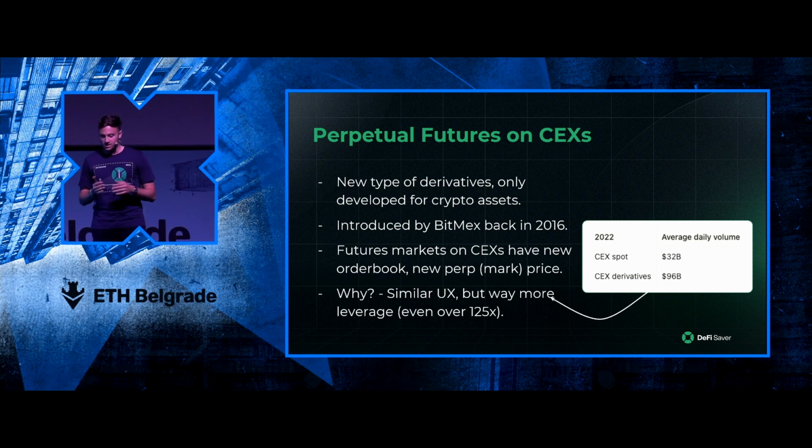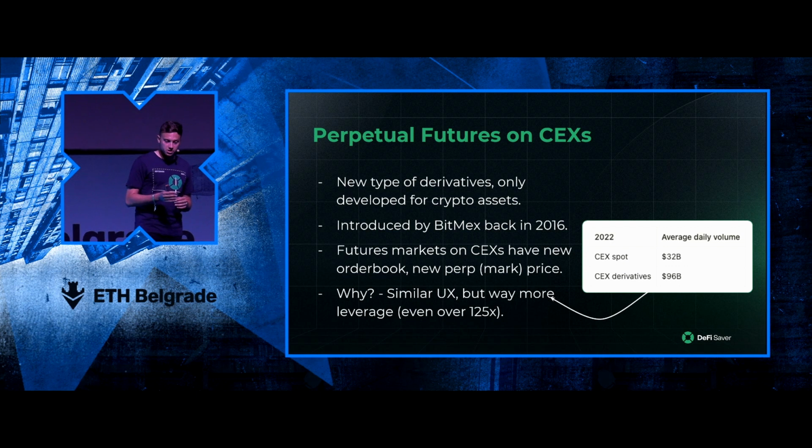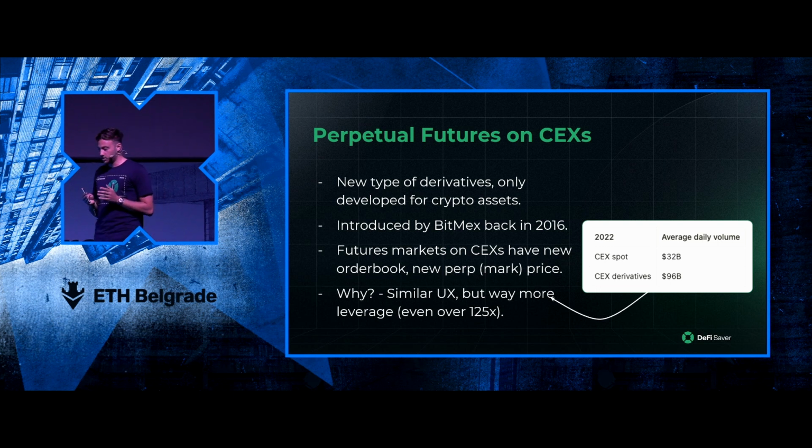For example, we can see that the average daily volume of derivatives on centralized exchanges is already 3 times the average daily volume in the spot markets of the top 10 centralized exchanges, and that's from 2022. Why is this? That is a good question, and the answer is pretty simple, actually.